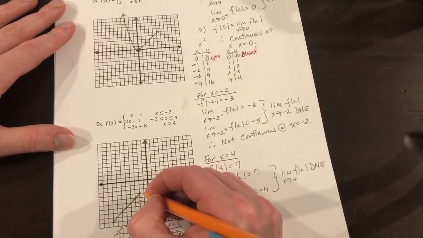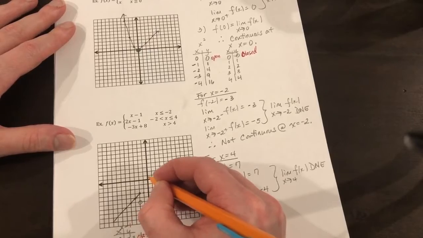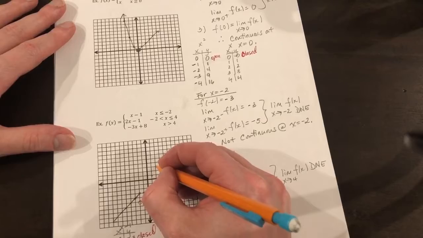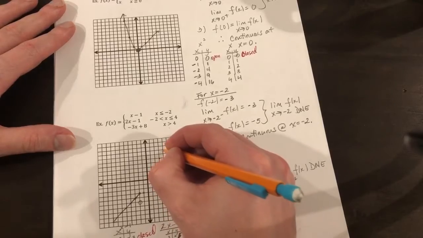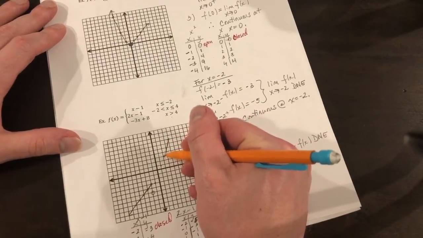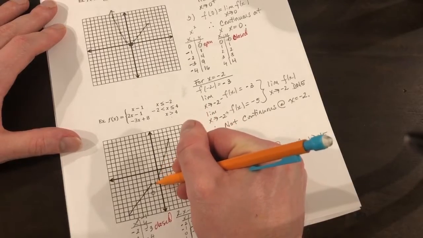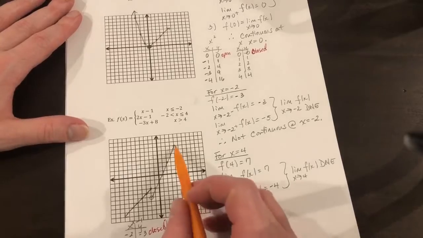So up 2 over 1, up 2 over 1, up 2 over 1, up 2 over 1. It's going to close right there. So it looks like that. And it's going to be closed at that point right there.